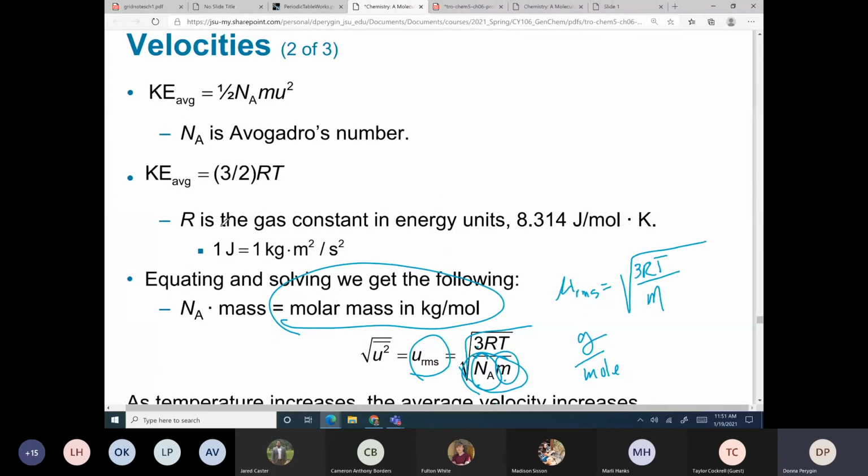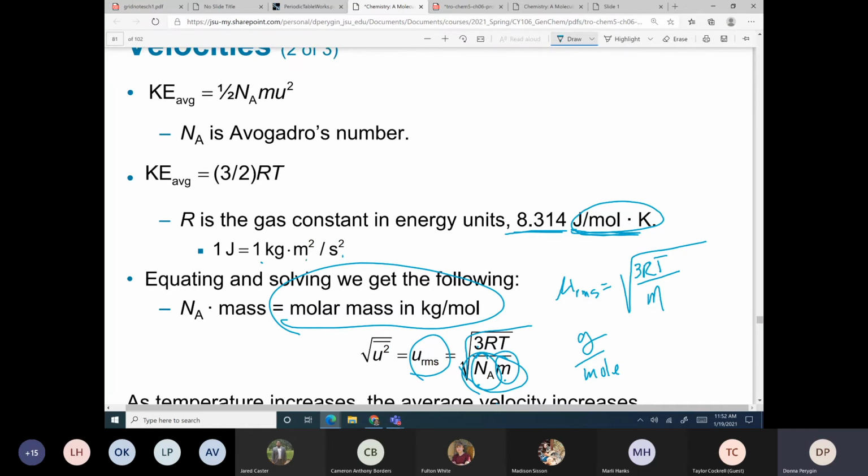Okay. So R is the gas constant, but we're using a different gas constant here. We're using the gas constant in different energy units. So it's been converted to joules per mole Kelvin. So instead of liters atmospheres per mole Kelvin, we're going to use the gas constant in joules per mole Kelvin, which is 8.314 instead. Okay, 1 joule is kilogram meter squared per second squared.